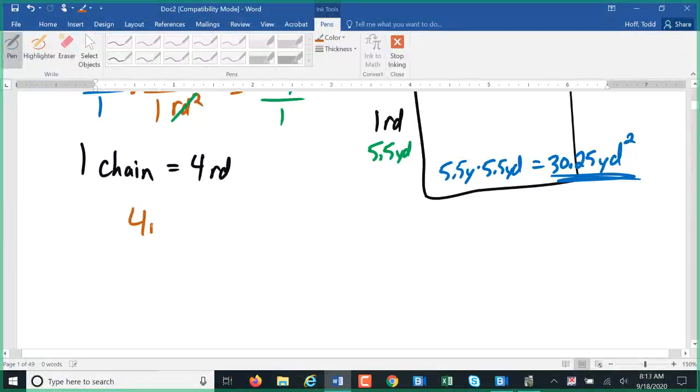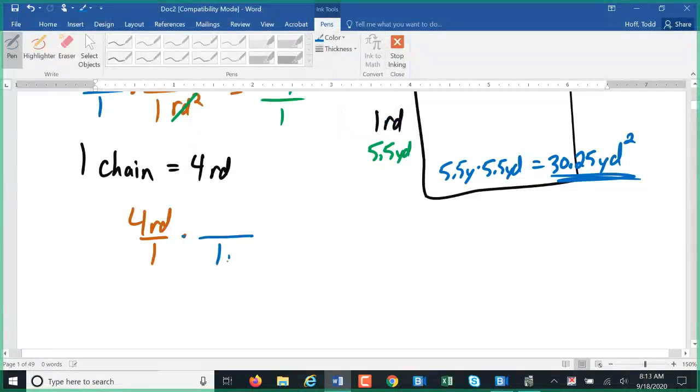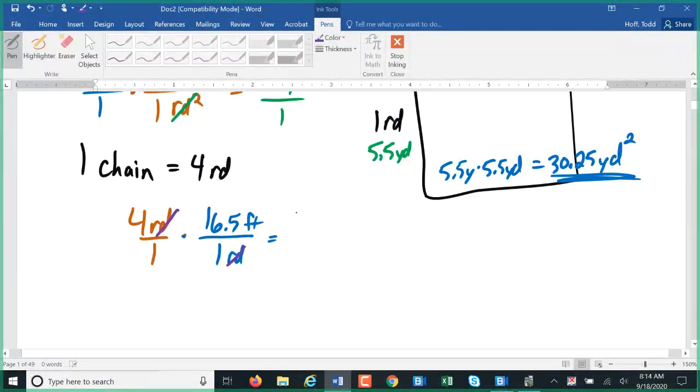We know 4 rods. Let's convert that into feet. We know that 1 rod is 16.5 feet. The rods will cancel out. 4 times 16.5 is 66 feet. 1 chain is 66 feet.